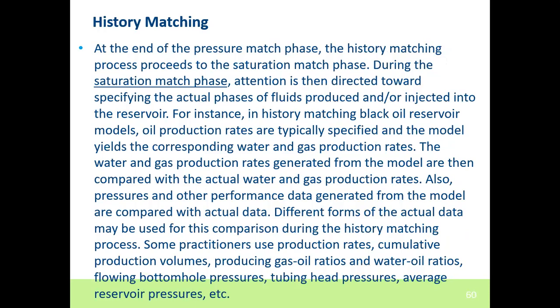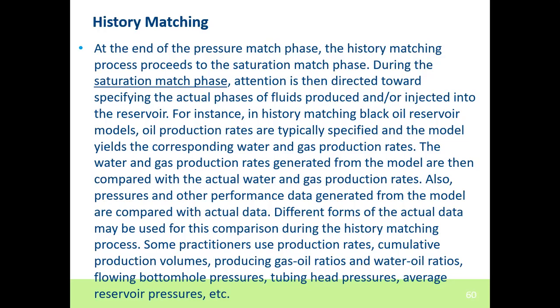At the end of the pressure match phase, we go into the saturation match phase, and attention is directed towards specifying your distribution of phases around the wells and different zones of the reservoirs. For instance, in history matching a black oil reservoir model, all production rates are typically specified, and then of course water, gas, or either your gas oil ratio, and BSW would also be specified.